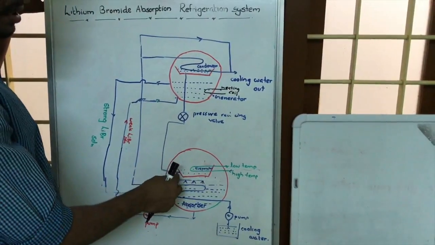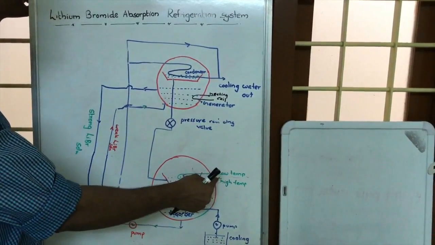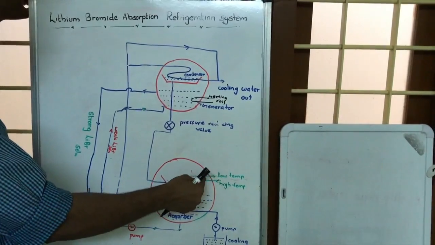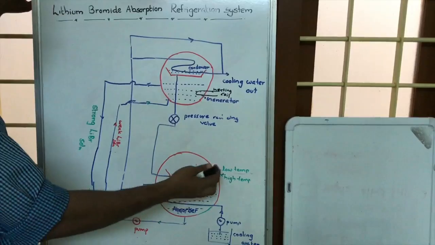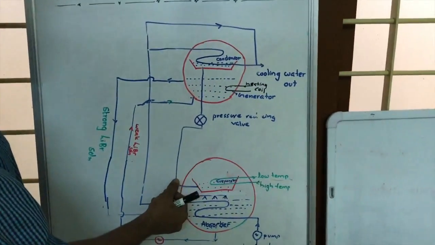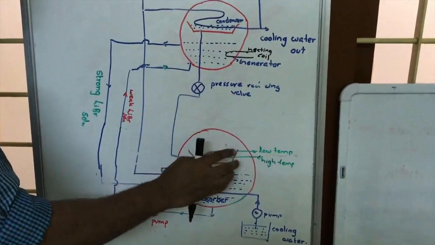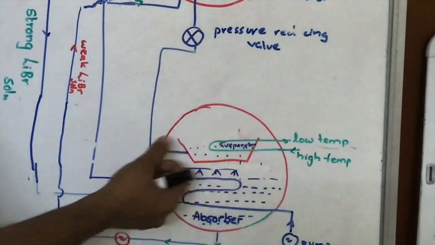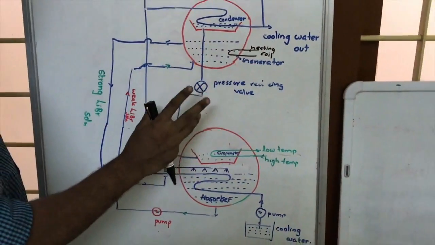So what happens is, in the evaporator, through this duct a high temperature liquid is coming in. This water absorbs heat from this high temperature liquid, such that the liquid coming into this evaporator is cooled, but the water absorbs heat, so that water gets evaporated.